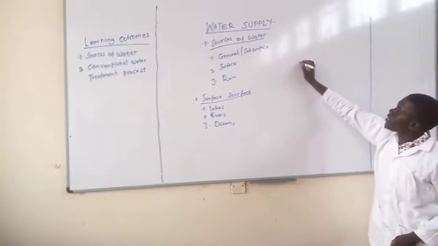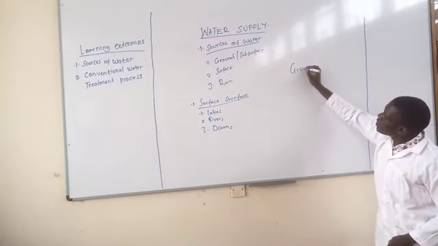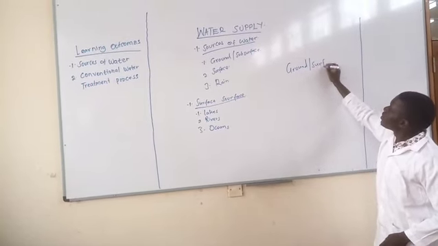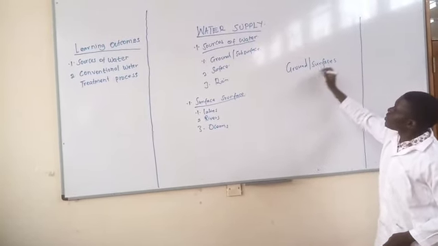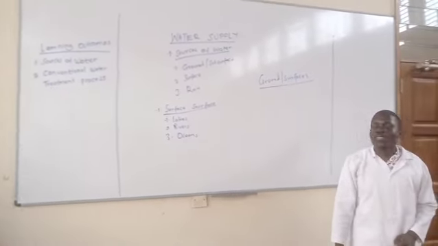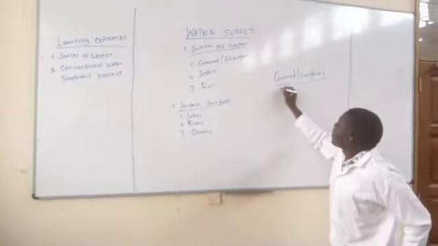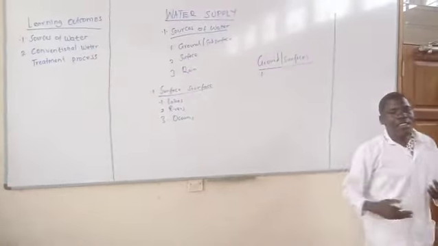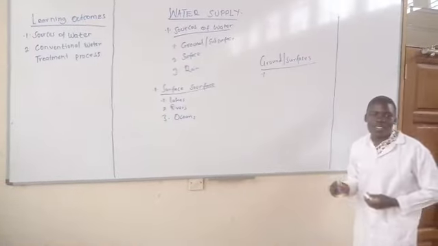So the next category is the ground or subsurface sources. These are the sources of water found beneath the Earth's crust.